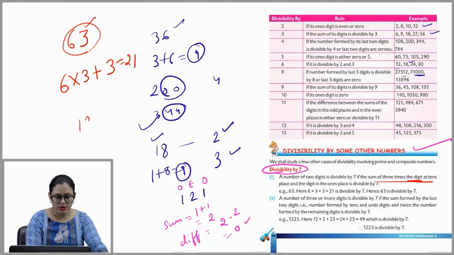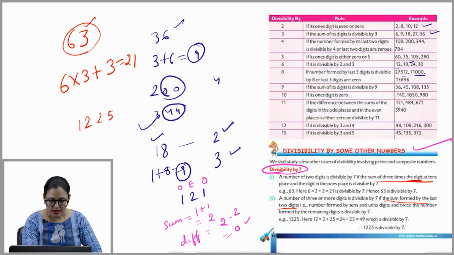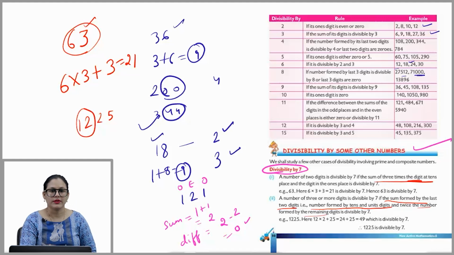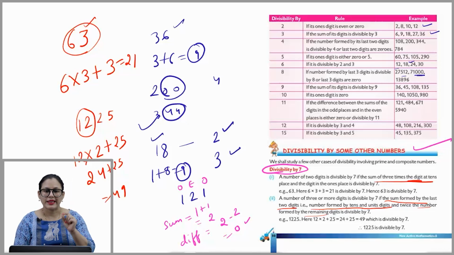Example, we have this number 1225. We take twice the number formed by the remaining digits, 12, plus the last two digits. So 24 plus 25 is equal to 49, and 49 is divisible by 7. Therefore, 1225 is also divisible by 7, right?